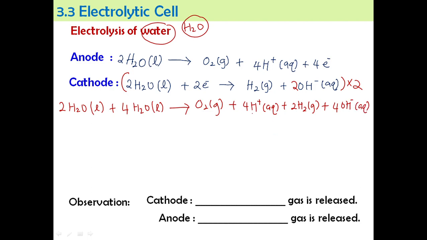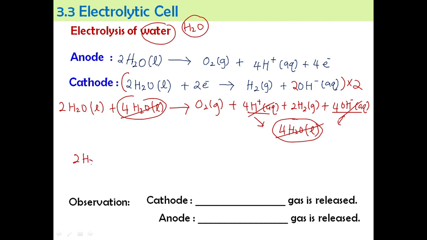Okay, 4H plus dengan 4OH minus boleh combine untuk menghasilkan 4H2O liquid. So, kat sini awak ada 4H2O, dekat sini pun ada 4H2O, boleh cancel. Jadi, apa yang tinggal untuk overall equation? 2H2O liquid produce oxygen gas dan 2 hydrogen gas.